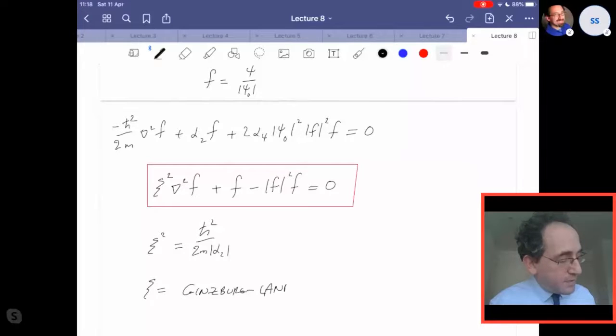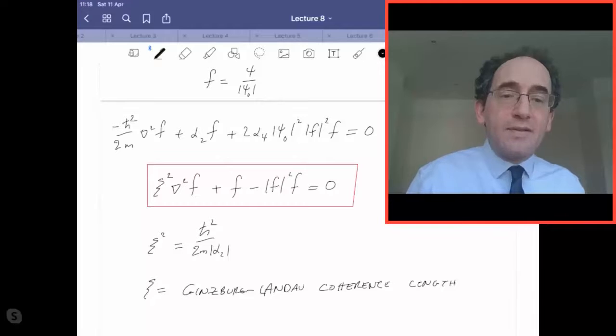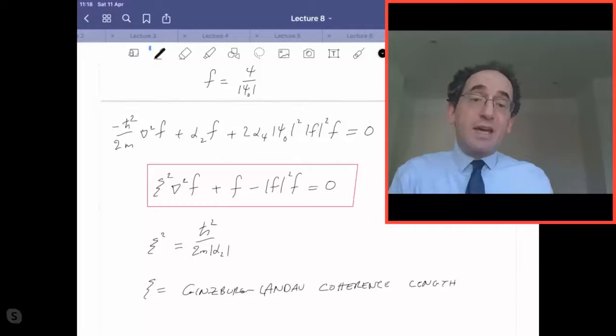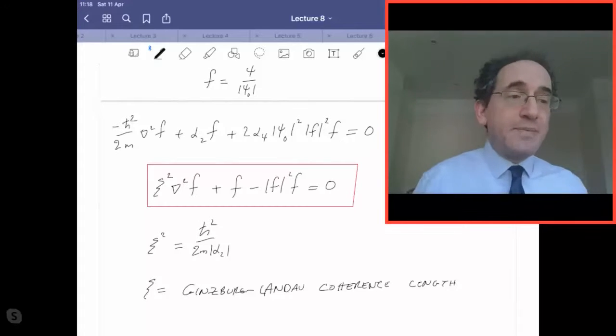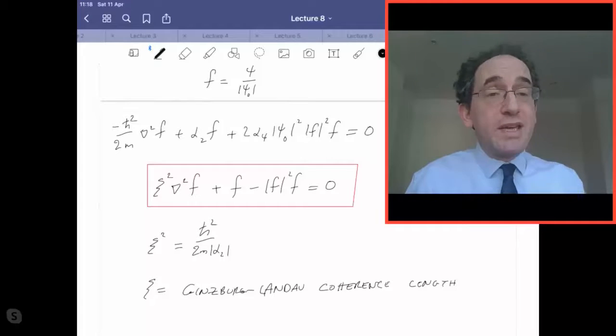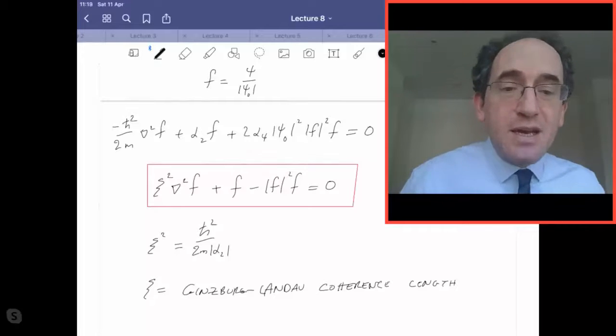And it's basically a stiffness length of the superfluid. It's the distance scale over which you can bend the value of psi, or bend the phase of psi.